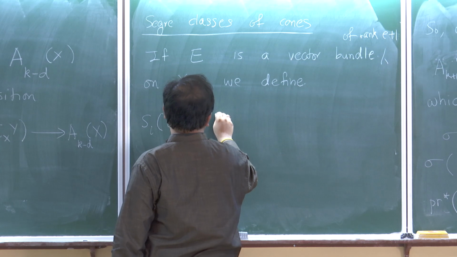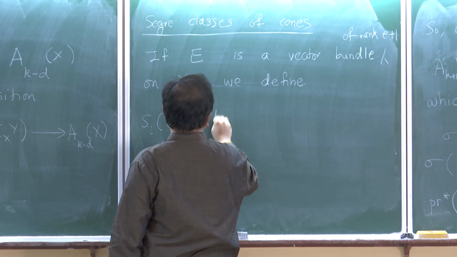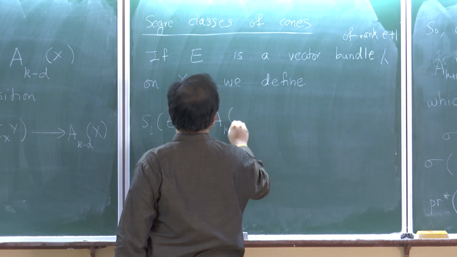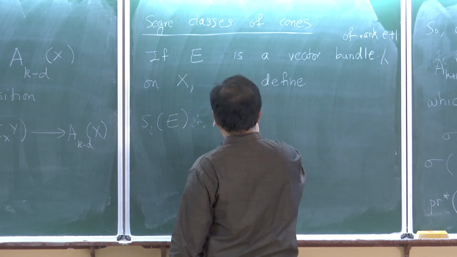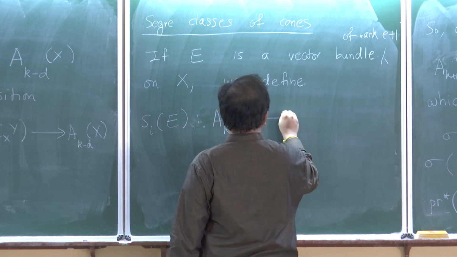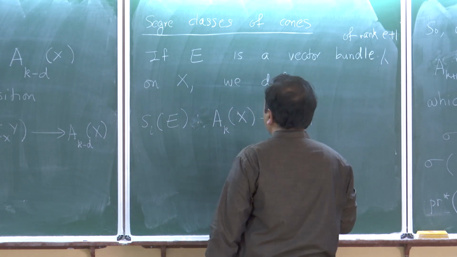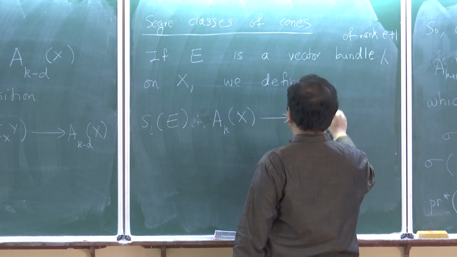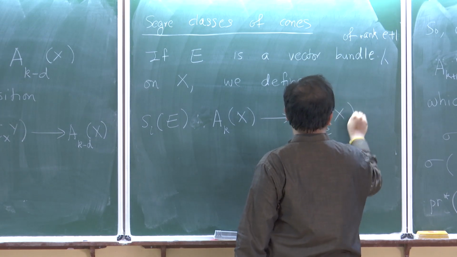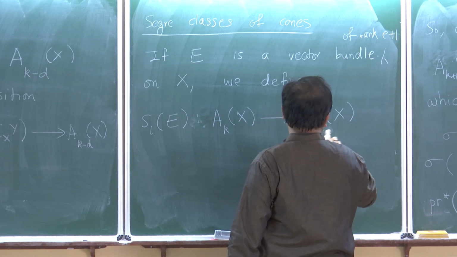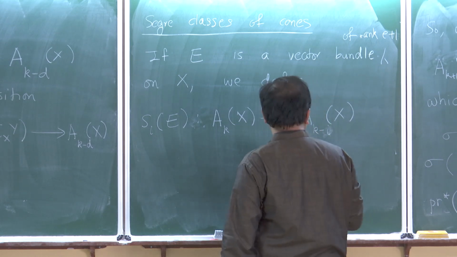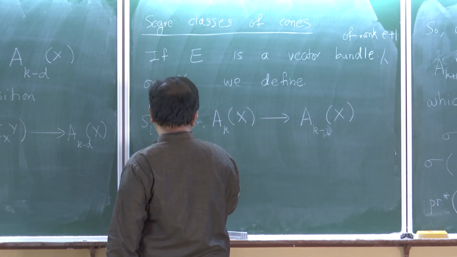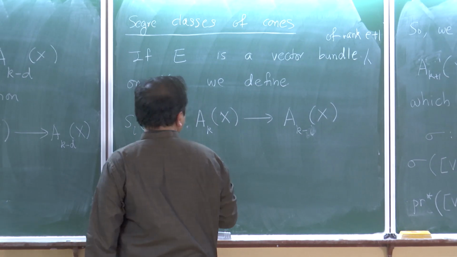We defined this as an operator going from A_k(X) to A_{k-i}(X), defined as s_i(E) cap alpha.